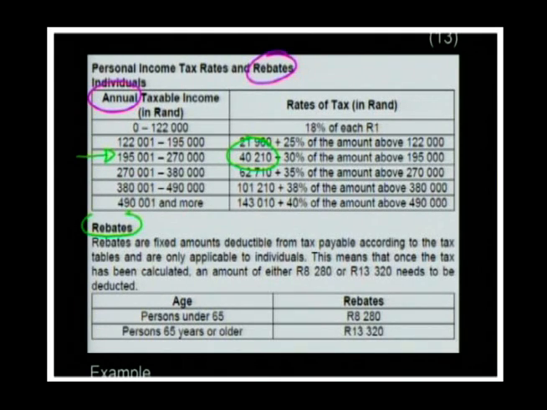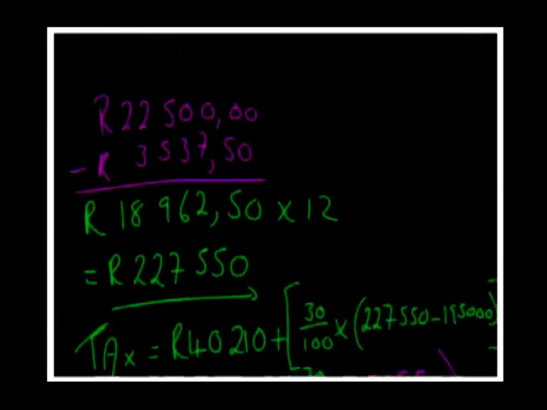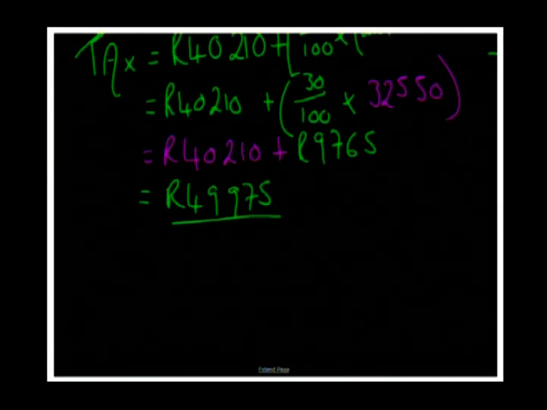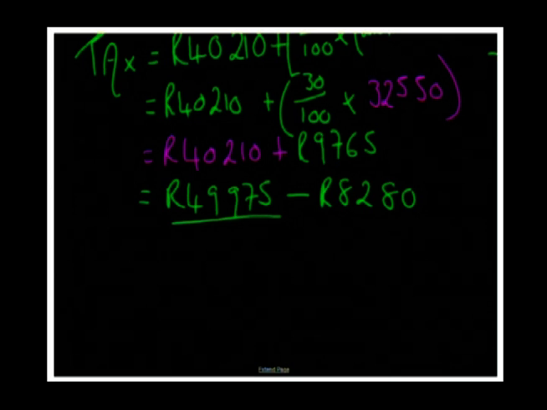So let's go back to our problem. And our problem now was this. This is our taxable amount, but because I am under the age of 65, remember our buddy was 42 or 43, government are going to say, we're going to give you 8,280 Rand.